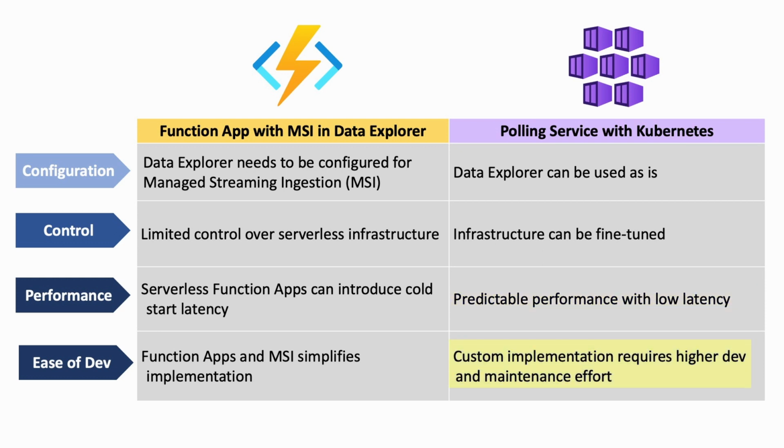Managing the polling application and maintaining infrastructure, updates, and scaling becomes your responsibility. This can result in increased operational overhead. In conclusion, choosing between a function app or a polling service on AKS depends on factors such as development simplicity, control over infrastructure, and operational preferences.